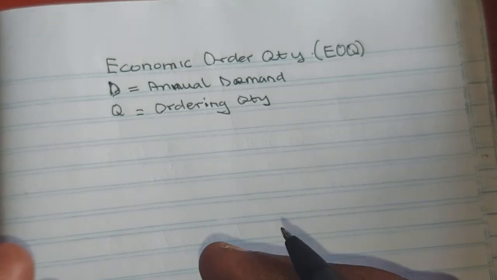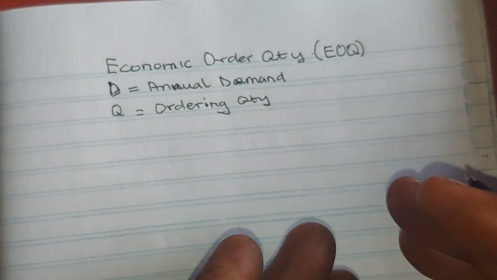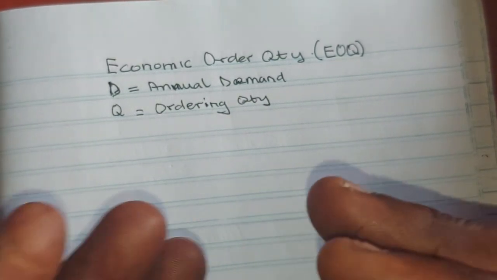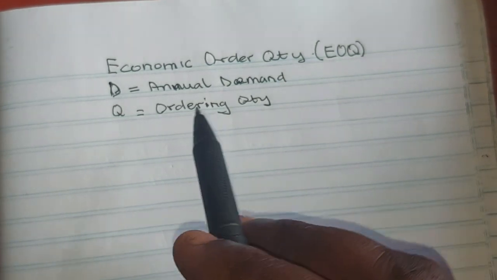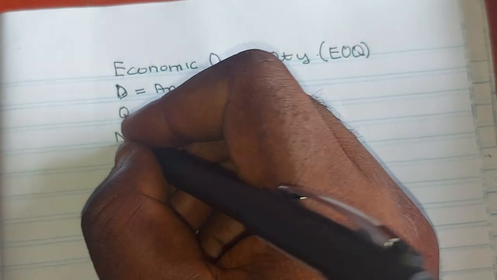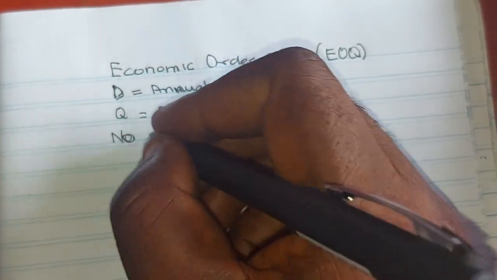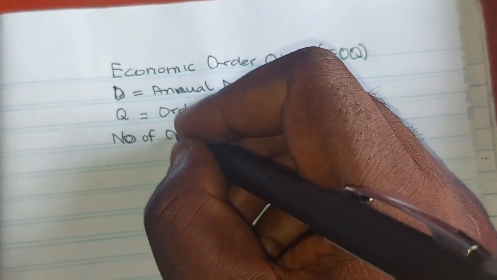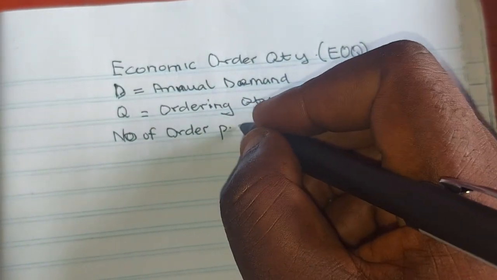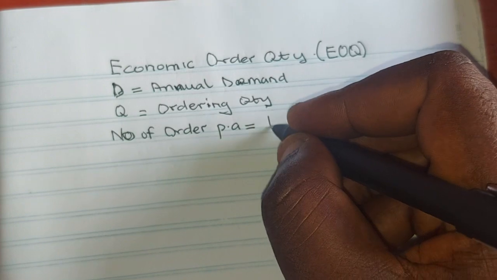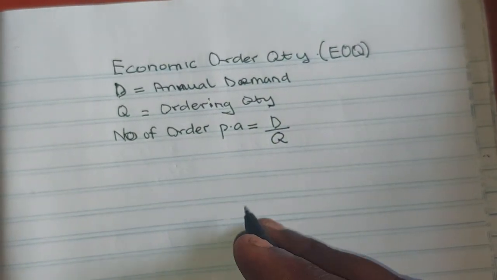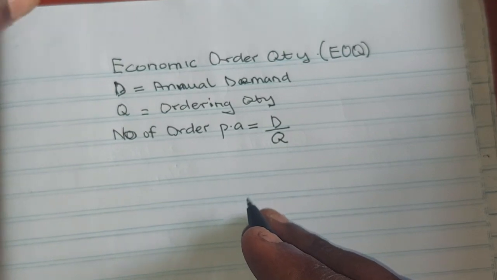So it must be bought in batches, in bits. That quantity must be constant, so it's known as the ordering quantity. All right. Now the number of orders per annum will be demand over the quantity. The number of orders will be demand all over what? Quantity.